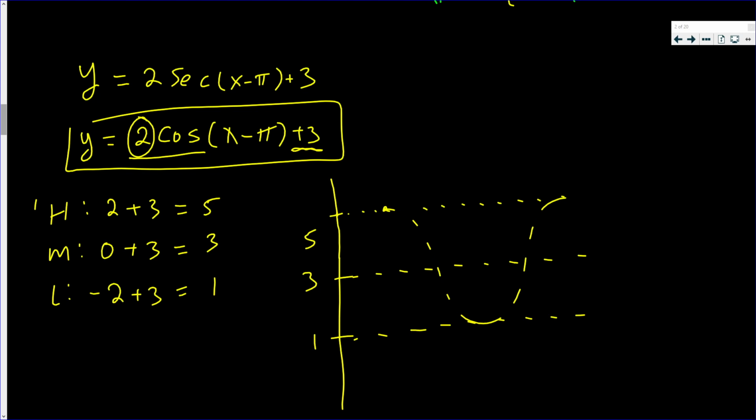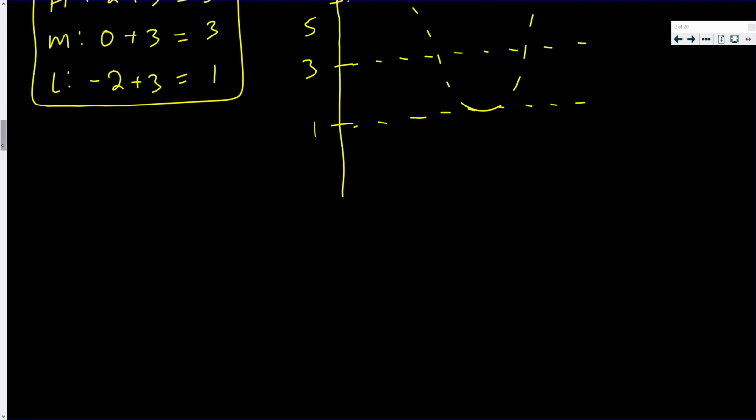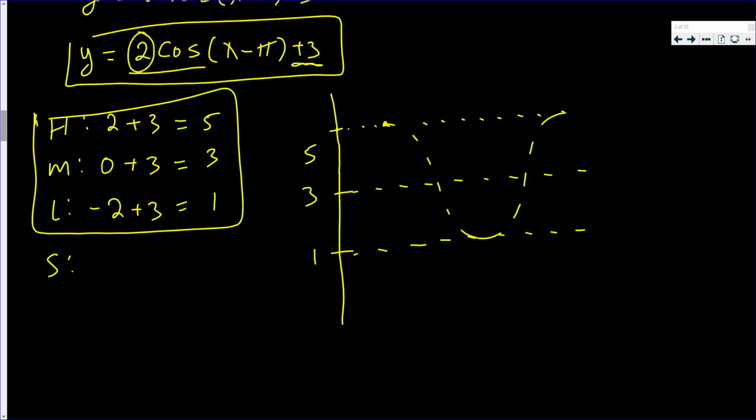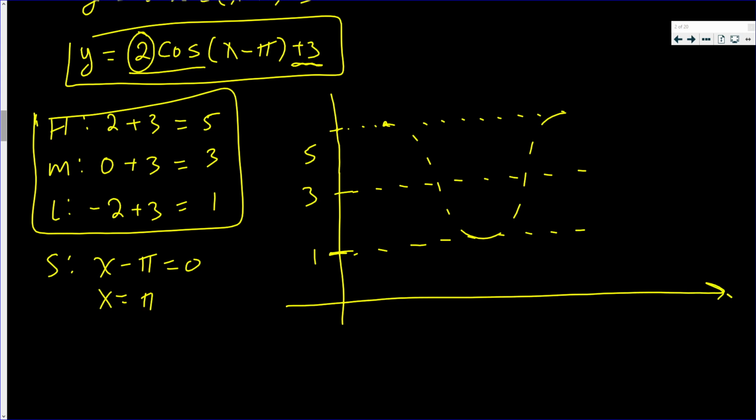Now that we did this, let us find the start and the finish. The start is when the angle is 0. That's when x is pi. By the way, if the y value is 1 here, then looks to me like this will be the x-axis. And it starts at pi, right underneath.